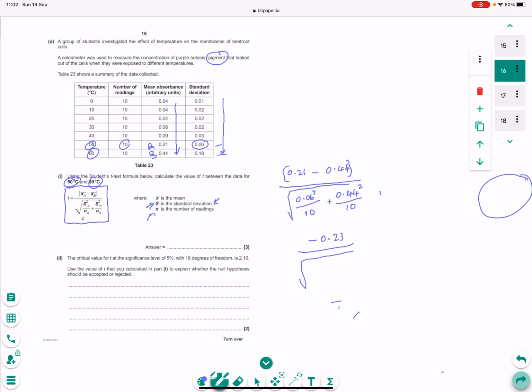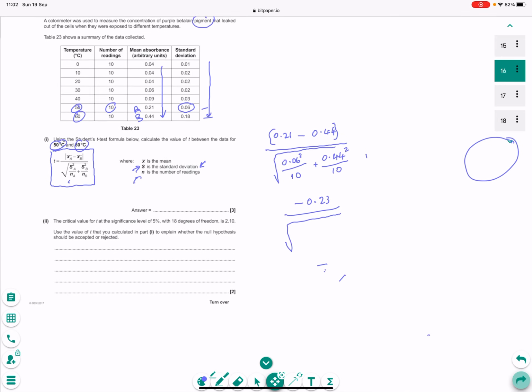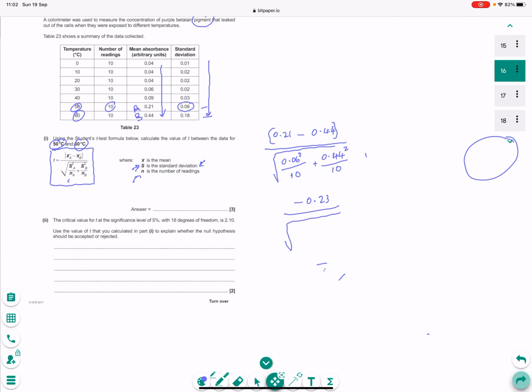Then within the square root, you got, let's put brackets in, hang on a sec. Got 0.06 squared divide by 10, brackets plus brackets 0.44 squared.